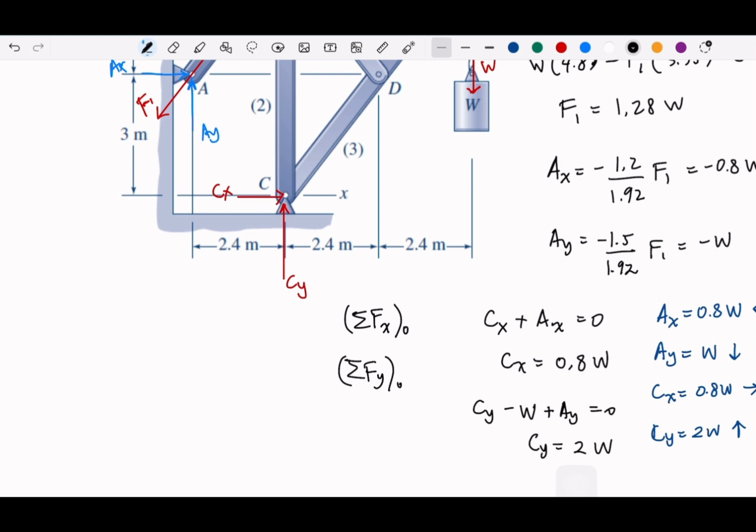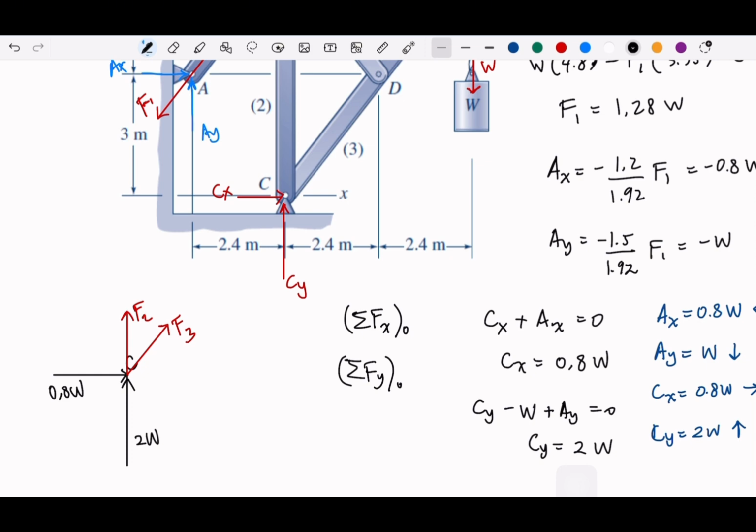Suppose this is the C. So we have F2 and here is F3. CX is 0.8 W, and 2W for CY, right?